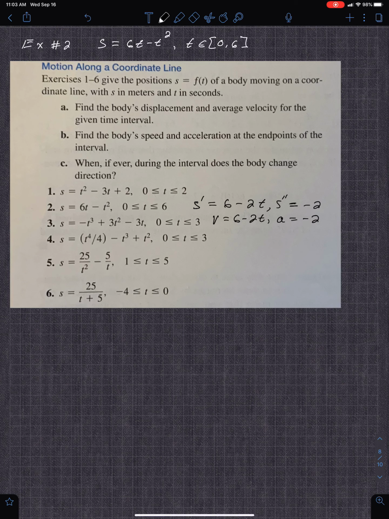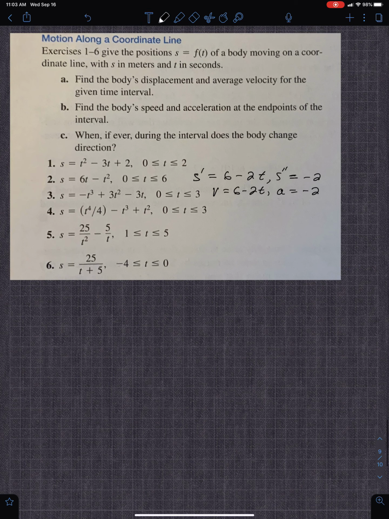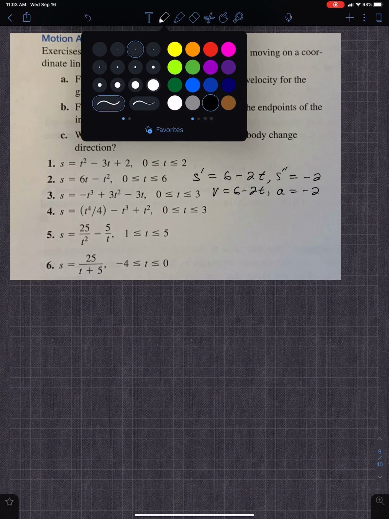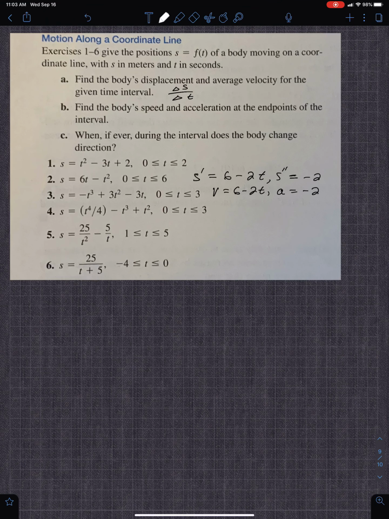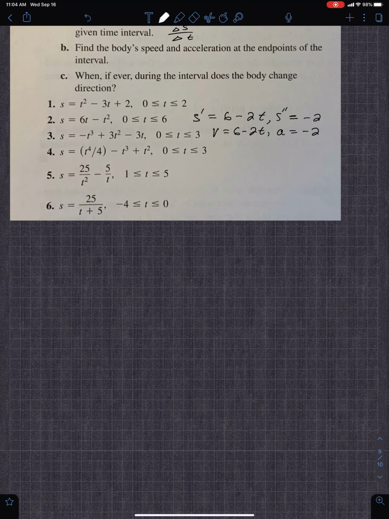All right, so the first question is displacement and average velocity on the time interval. So that's your deltas, basically your delta S over delta T. So for A, you do your delta S, which is S of 6, the endpoints, minus S of 0.